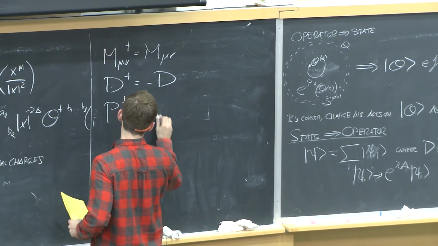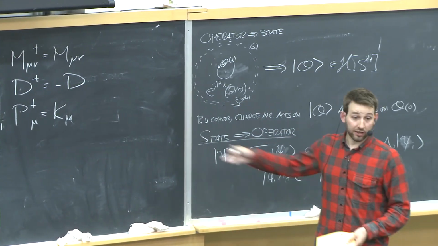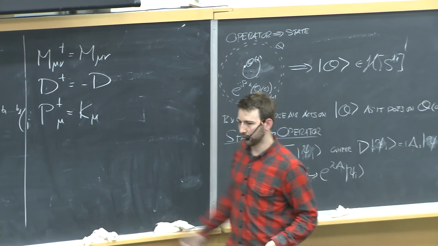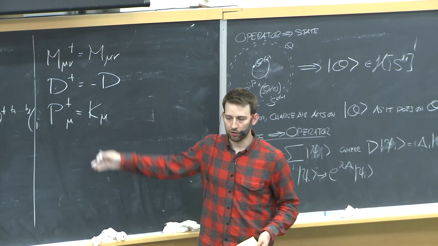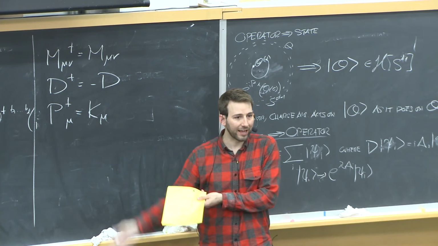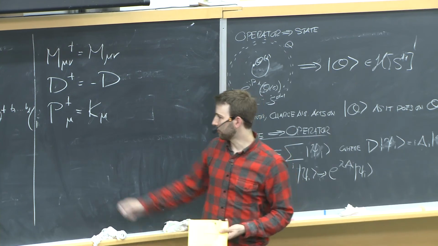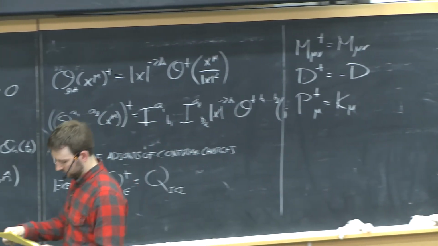But now you see that it's real. And P's and K's switch. So this is much different than if I was looking at the action of these charges on not the spherical Hilbert space, but on some sort of flat slicing Hilbert space, because there we're used to the P's being self-adjoint.